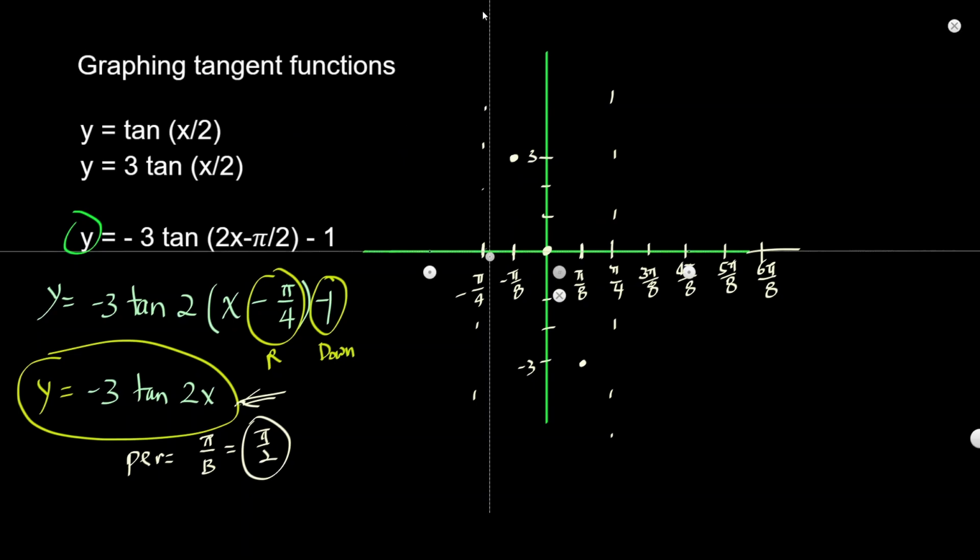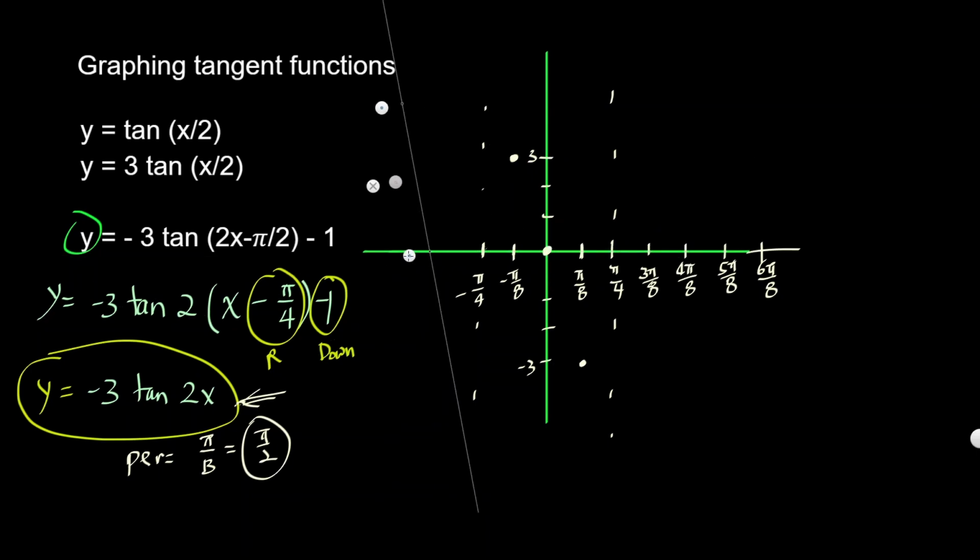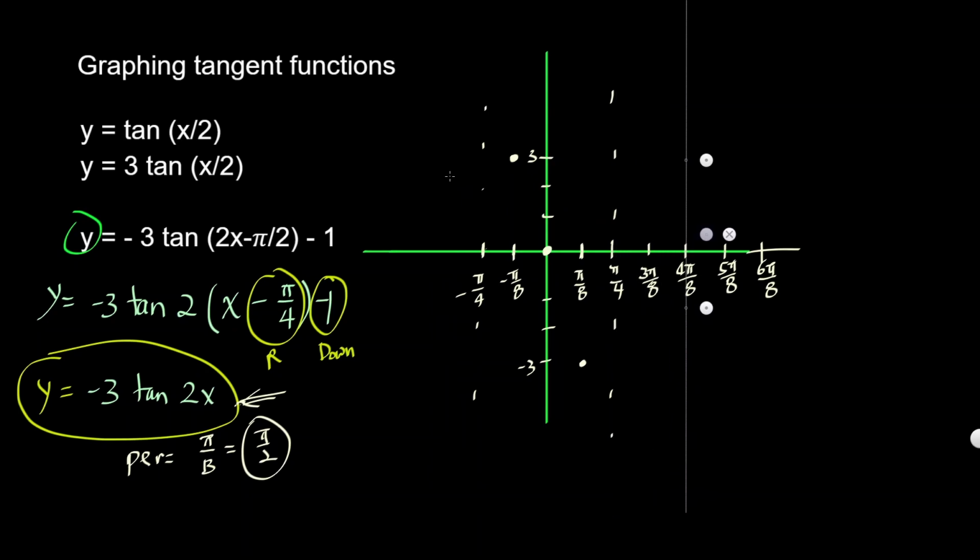over, let me see, oops, that's not it. Here we go. So from here, 1, 2. So I would have my new asymptote at 4 pi over 8, which you could reduce now if you want. That's going to be pi over 2. Let me be more neat here.